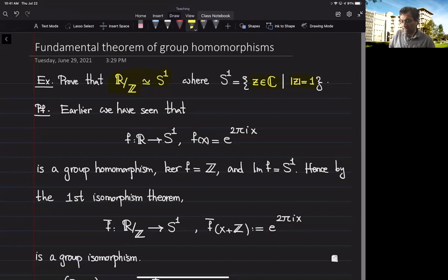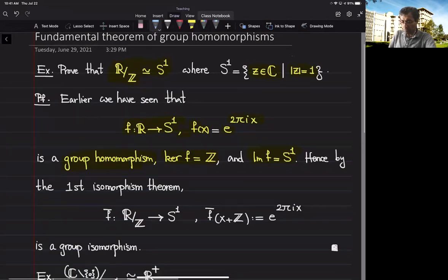So let's consider e to the power 2 pi i x, where x is a real number. We have seen that this function is a homomorphism. Its kernel is the set of integers, and its image is the entire circle. Let me quickly go over the argument for why all these three properties hold.